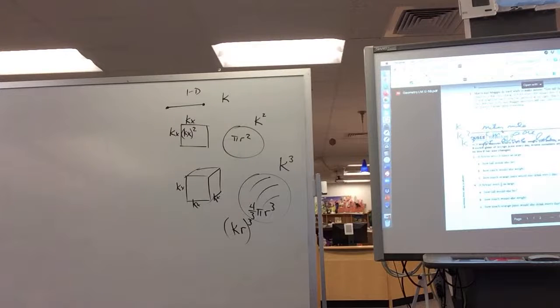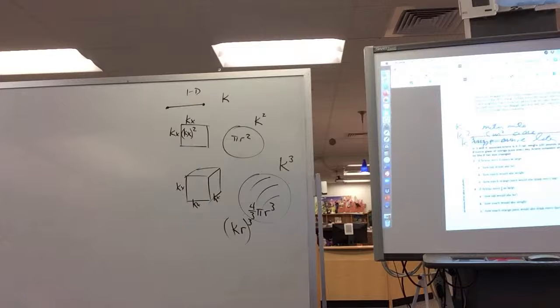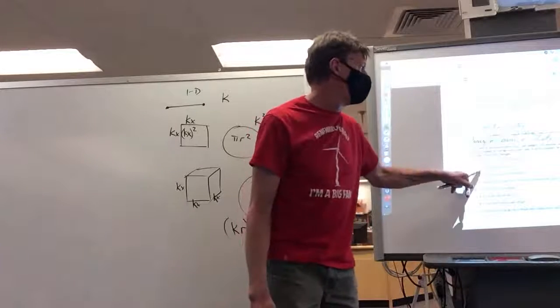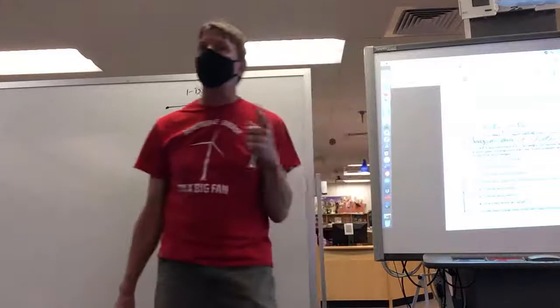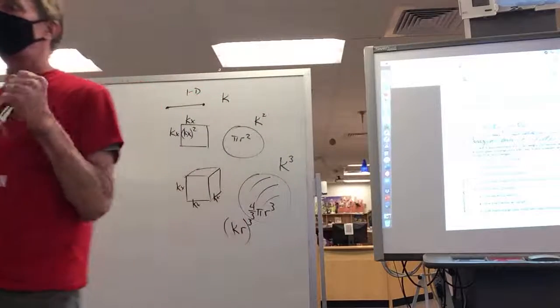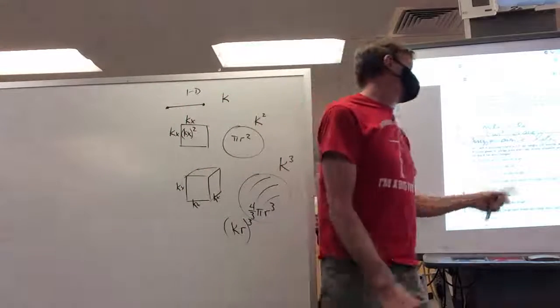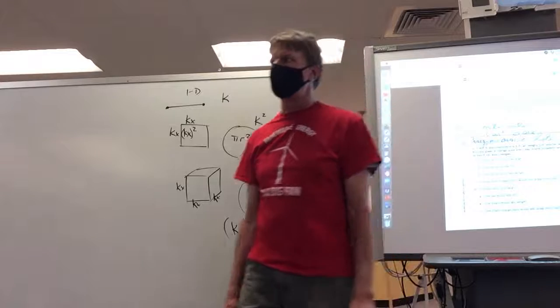So how tall she's going to be, what are you going to use for K? 6. Good. For her weight, what are you going to use for K? 6 to the third, 216. So the amount of orange juice that she's going to need would also be 6 to the third.